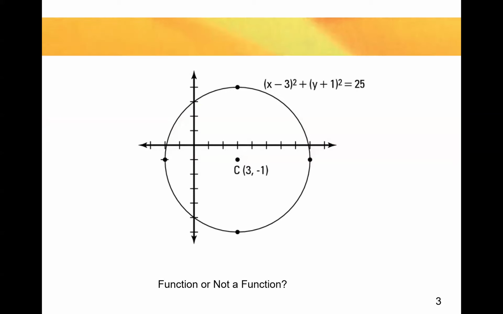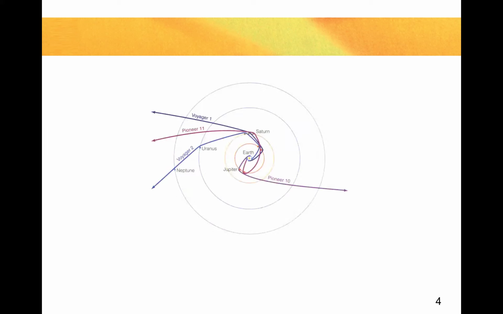No. No way. The only problem we have in our world is that sometimes we need to model something that doesn't pass the vertical line test. We need somehow to make that. A good example, which I thought was kind of cool, is a long, long time ago in 1971, there was something called Voyager 2.